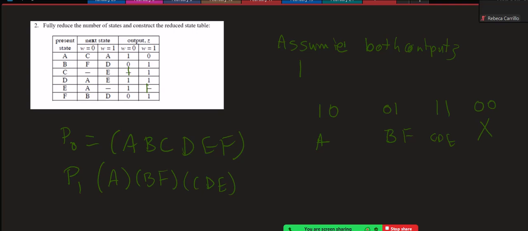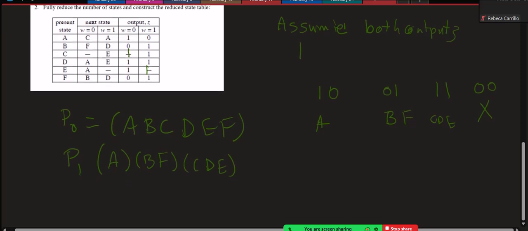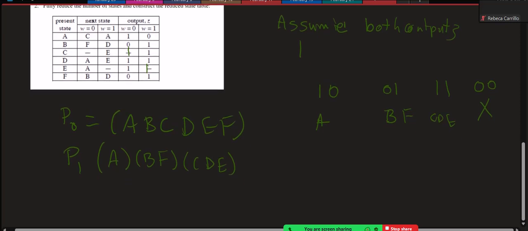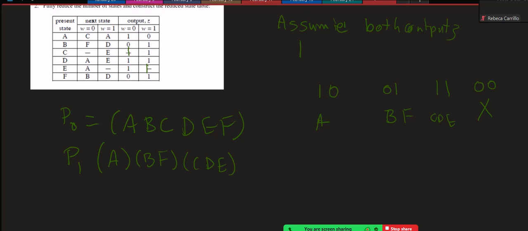Okay, so at this point, I would like to have as few states as possible. If I can, I will see whether there is a way to set this up so that I don't have to break this up anymore. So I'll look at B. B goes to F for W equals 0, and F goes to B for 0.